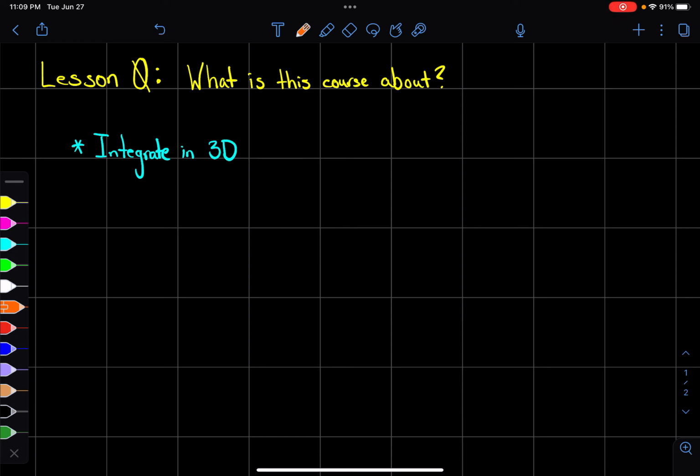Just to give some intuition, this will be covered a little more in depth in the next video. In Calculus 2, we dealt with two-dimensional functions, where x was our input and y was our output, and we talked about how to integrate over a particular range of x values.